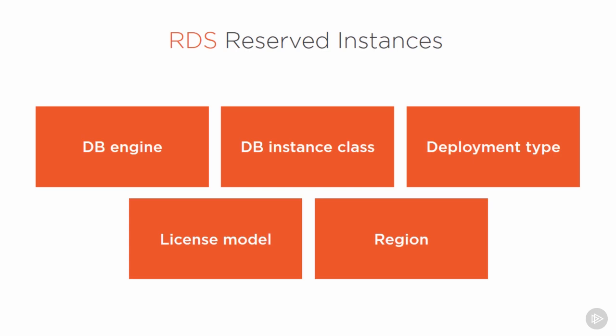So it's important to understand that when you configure the RDS reserved instance, all of these attributes will stay the same. You can move them, but you have to move them to an instance that has all of the same attributes. Any change reverts to on-demand. If you make a change to an existing one, it reverts to on-demand. If you deploy a new one with these same attributes, you can then automatically have that RI applied to it.